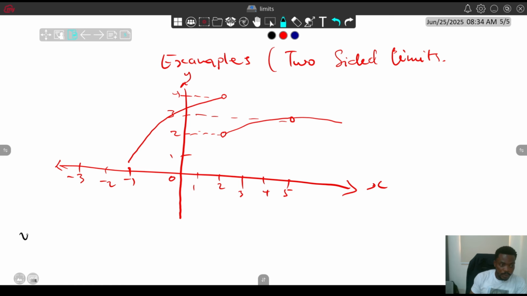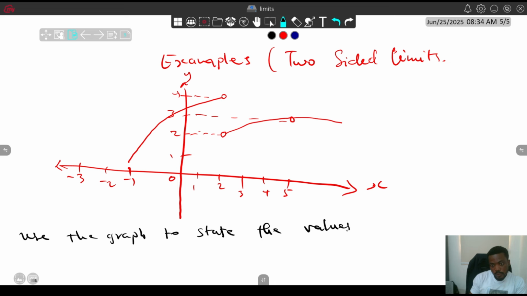So let me say, use the graph to state the values if they exist.